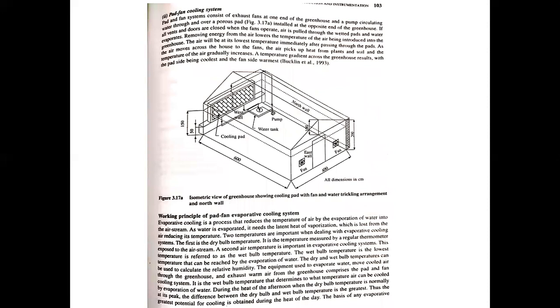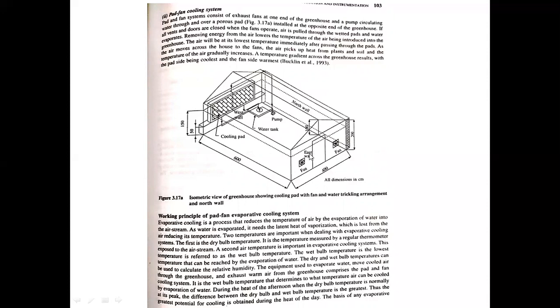So this is, as I have told earlier, the flowing of air from the external environment through the cooling pad, which has the cooling agents and water in it, which cools the air, and it is passed into the greenhouse where it comes in touch with the air from the exhalation of CO2 from the plants or crops, which can again at this east end be removed by the exhaust fan.